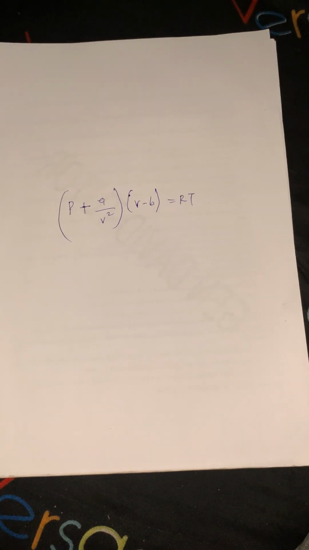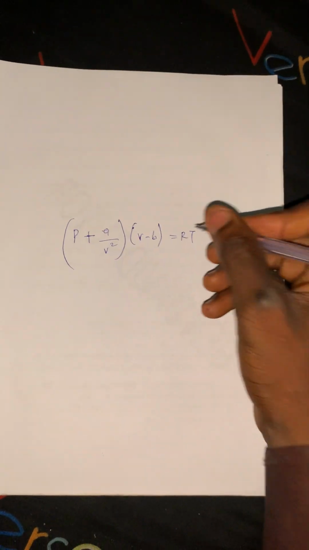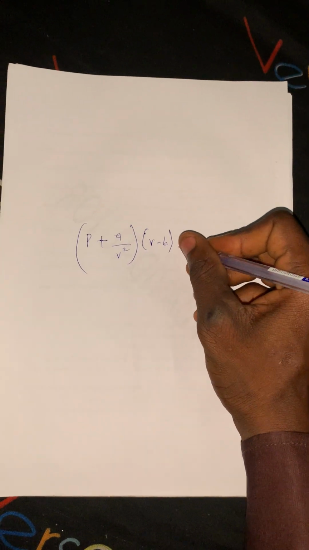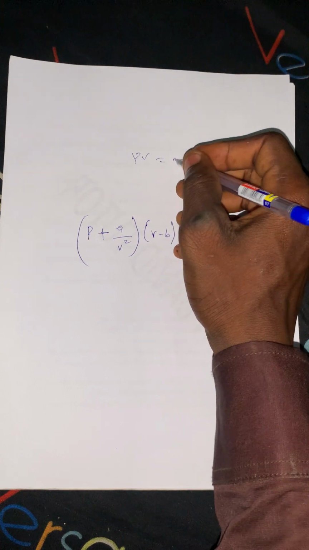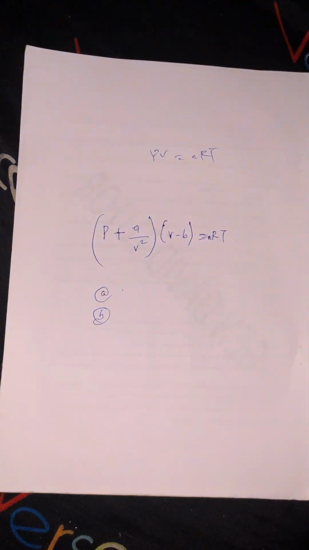Let me know what the answer to this equation is. Sometimes we put n here. It is PV equals nRT. Sometimes there is n here. So for the answer, I'll just give you two options.